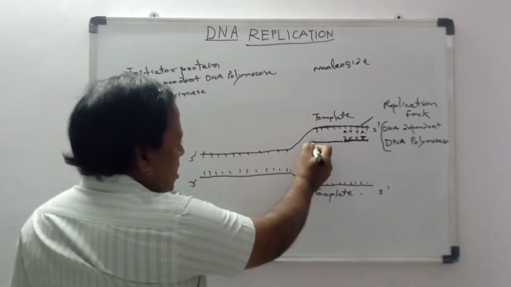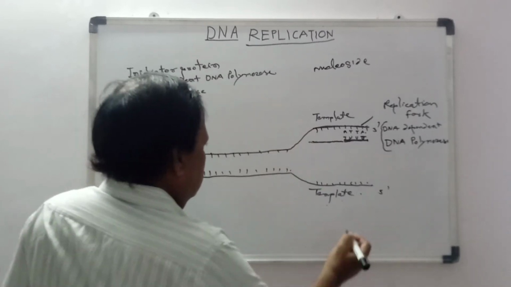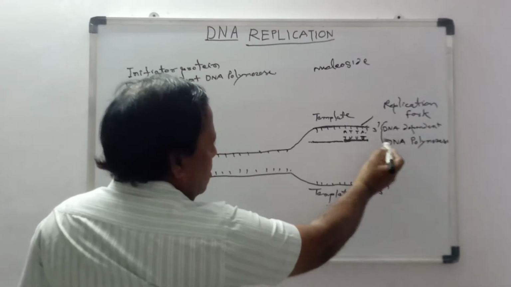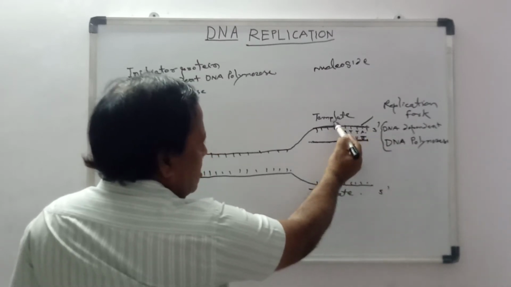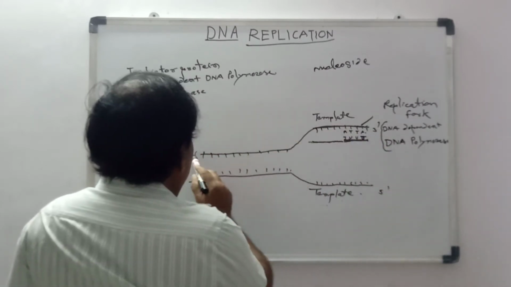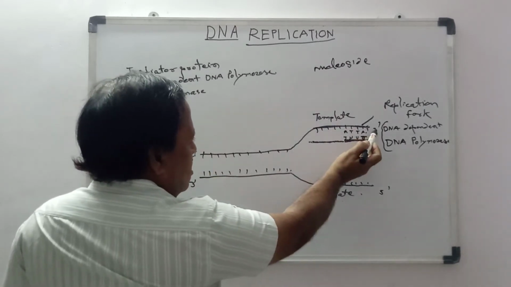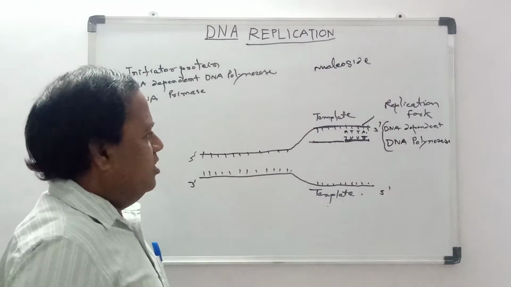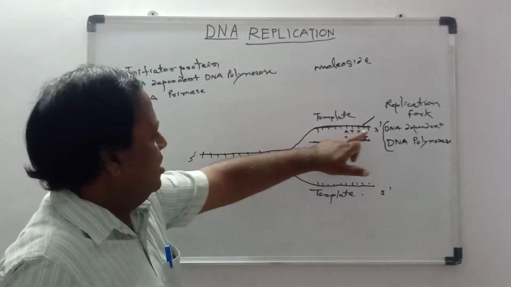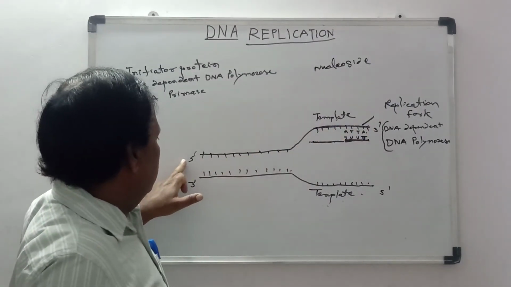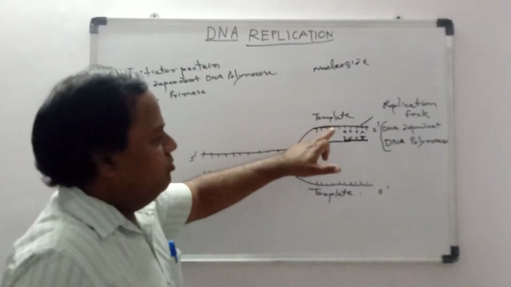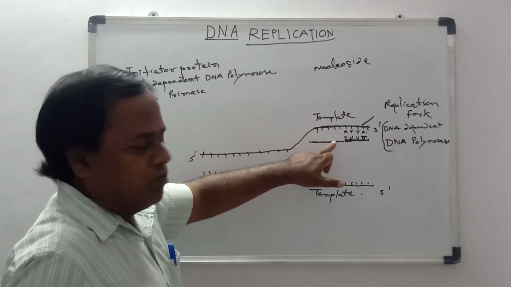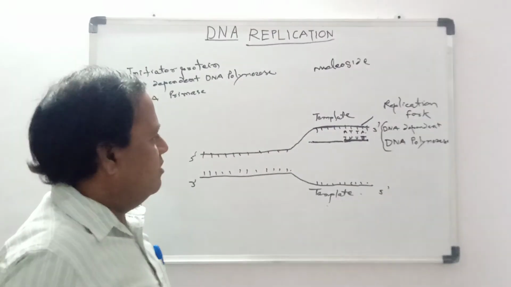So this strand is now ready. This DNA dependent DNA polymerase reads the template from 3' end to 5' end and decides which nucleotide is necessary for formation of the new strand.